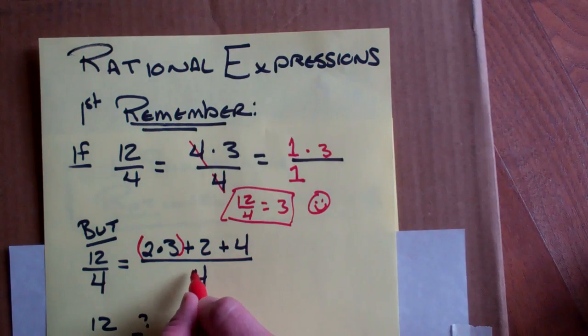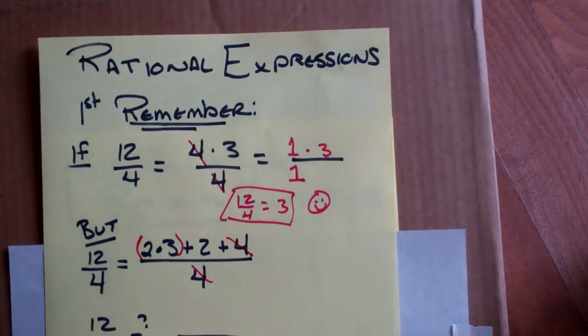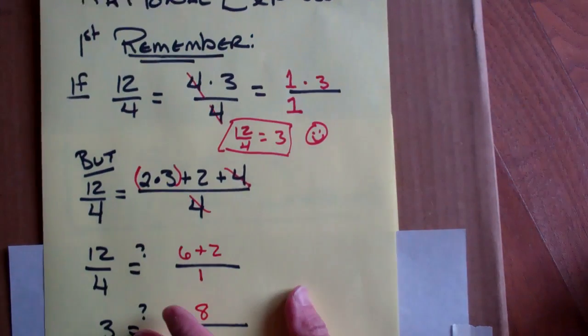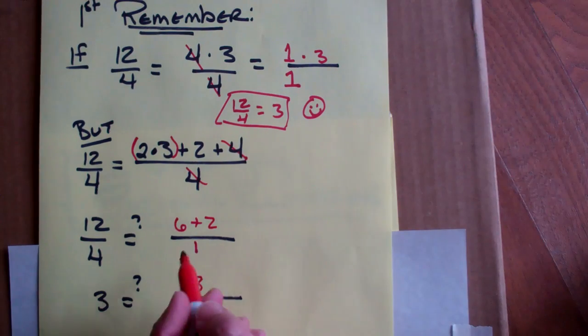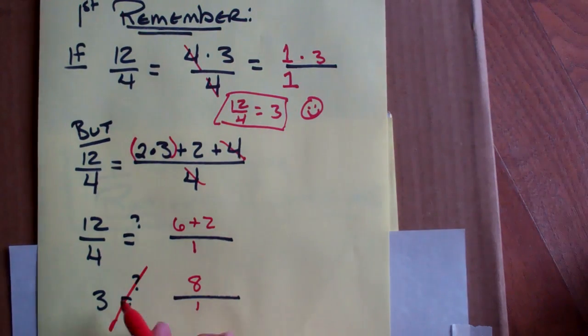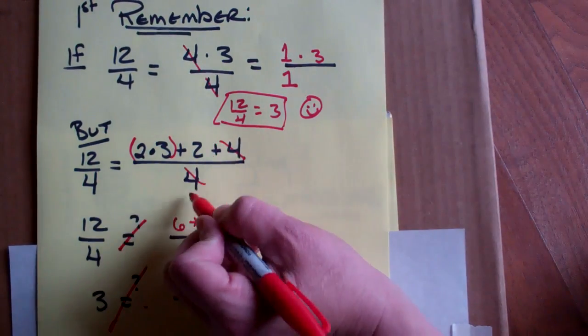If I try to reduce this, which is totally illegal to do, and I tried to cancel those 4s, I would still have 2 times 3 is 6 plus the 2 over 1, which would end up being 8 over 1. Well, we know that 6 plus 2 over 1 is 8 over 1, but that is nowhere equal to 3. That is why we cannot reduce terms.